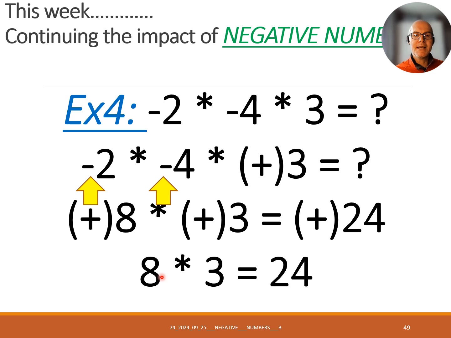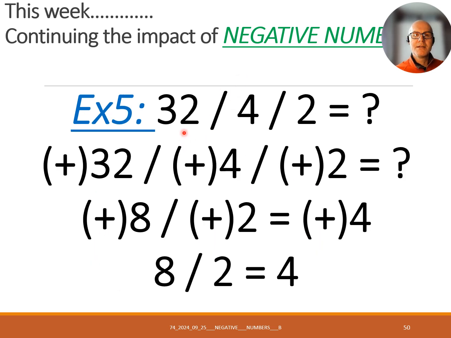Positive 8 times a positive. Positive times a positive equals a positive answer. Positive 8 times positive 3 equals positive 24, or 8 times 3 equals 24.